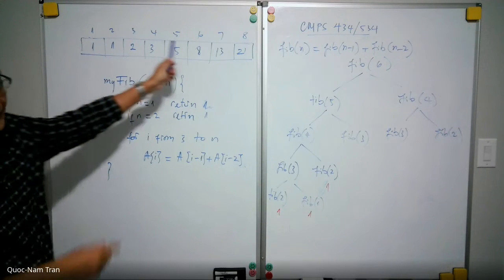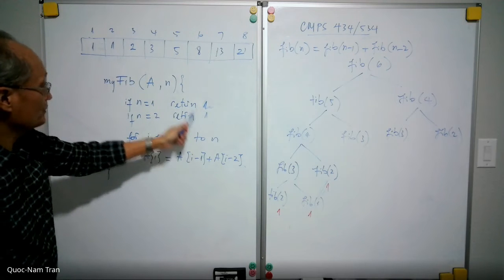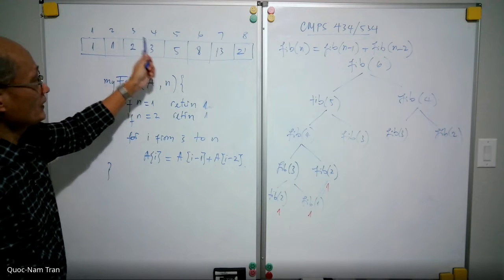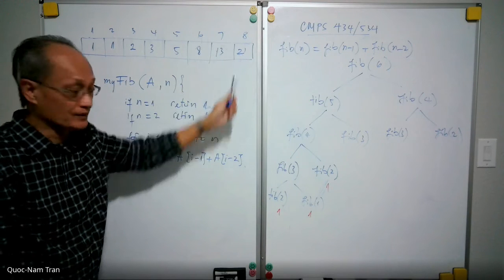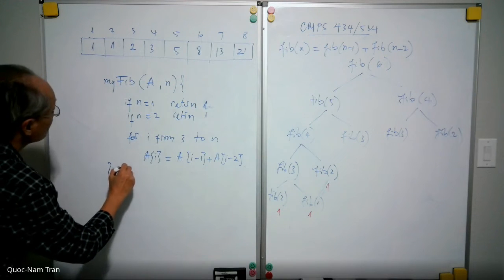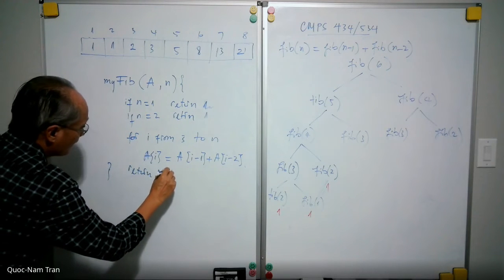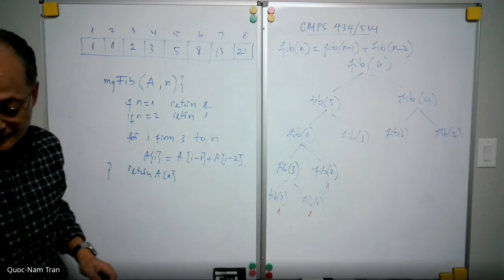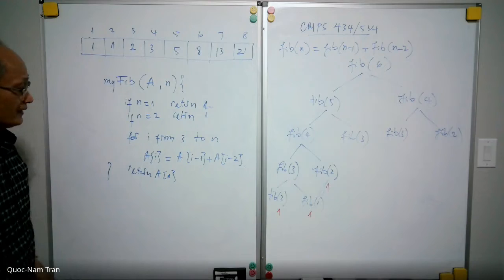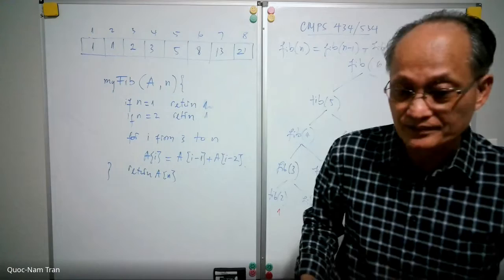It's what I just did, right? So if n is 1, n is 2, and after that, we just calculate the next Fibonacci number, and then we are done. And after the for loop, we return a[n], right? Okay, is that simple? It's not simpler than the recursive algorithm.